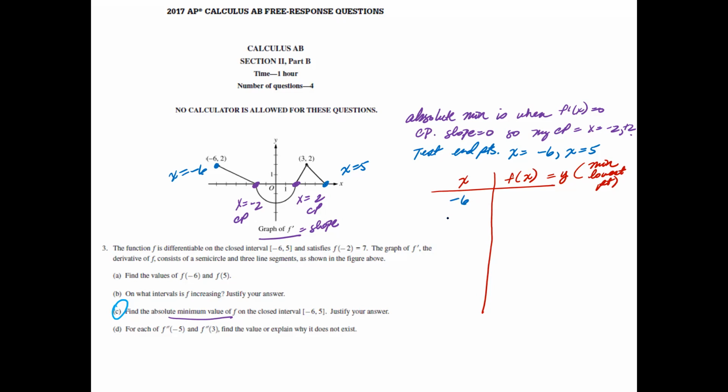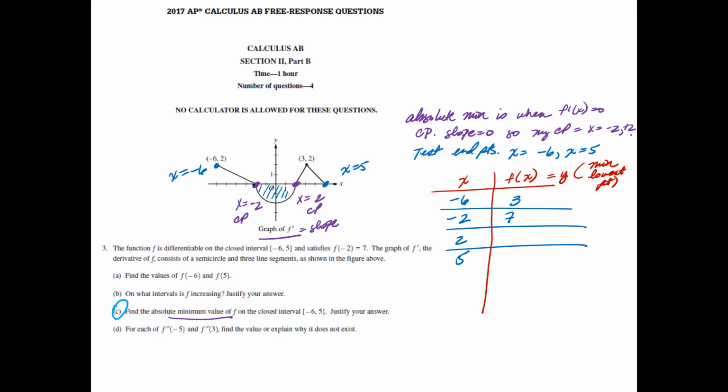We're going to have a -2 for the critical point, a 2 for the critical point, and then a 5 for the critical point. So you're going to just go ahead and find these values. f of -6 we found before was a 3. f of -2, it's given to me, is a 7. f at 2 is going to give me, you know that this area right here is going to be a -2 pi.